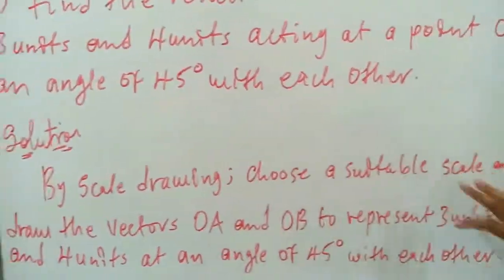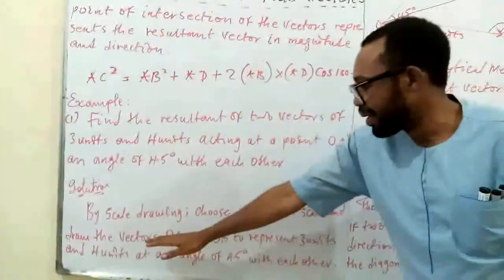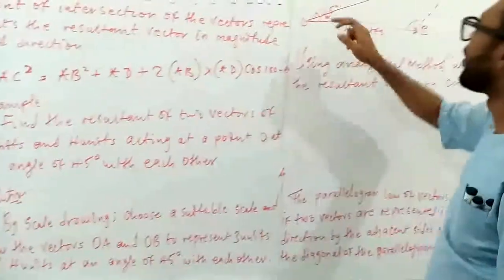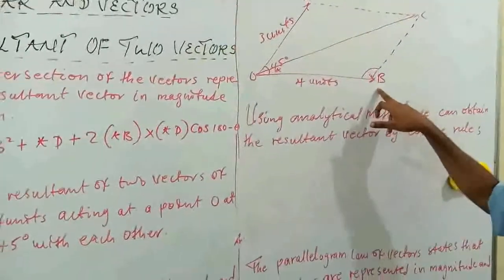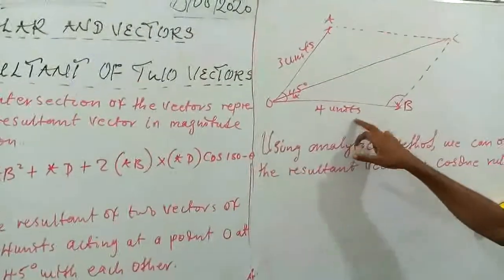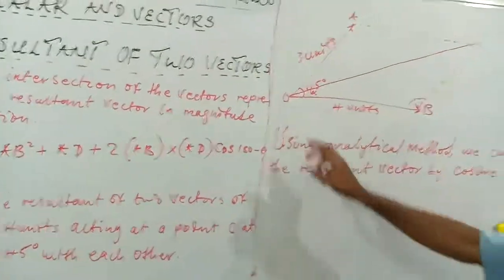This is the first step. You have to bring out, choose your scale. After choosing the scale, represent it just like I have here. Draw the vector OA, you have OA and then OB to represent 3 units and 4 units and at an angle. You see the angle there, 45 degrees with each other.